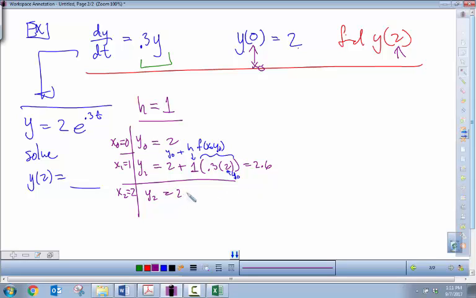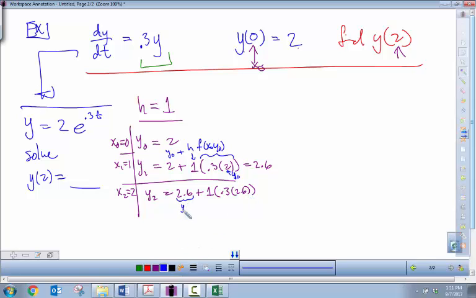So now we're going to go 2.6 plus our step size times f evaluated at the previous point, which is 2, 2.6.